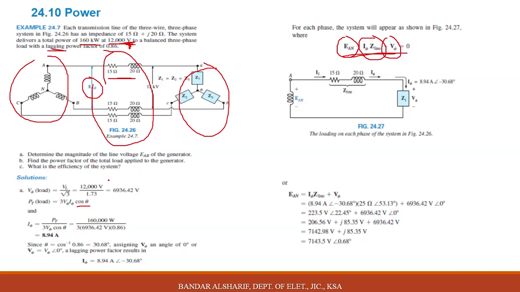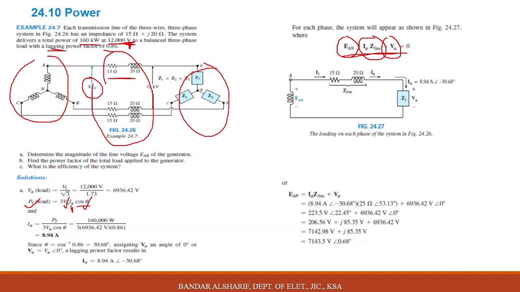Okay, we found the total power now, and we know that we can find the I phase. We have this information, and only the I phase remains. P total divided by 3 V phase cosine theta, you will get 8.94 amperes.